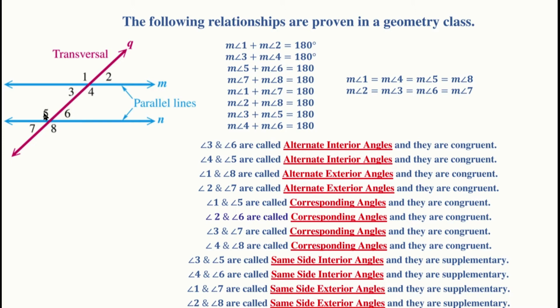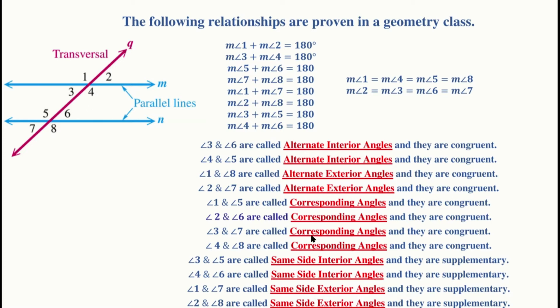So notice 5 as well, to the left of the transversal above this line, right? So we call them corresponding angles. All right, now it turns out that corresponding angles, as you can see, 1 and 5, are also congruent, right? So the other pairs of corresponding angles would be 2 and 6, right? 3 and 7 are corresponding angles. 4 and 8 are corresponding angles.